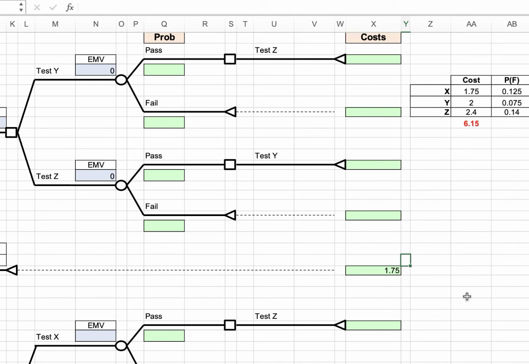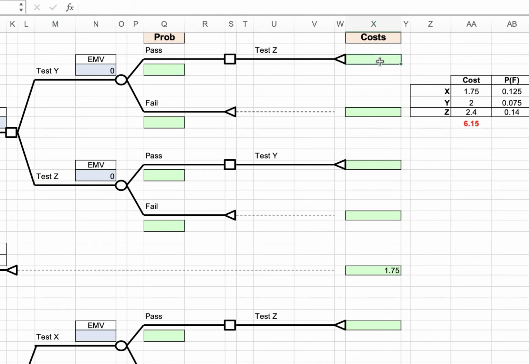And so let's fill in the rest of our decision tree. So if we start with X and pass, we can then decide to go to Y or to Z. If we pass Y, we can go on to Z. Likewise, if we pass Z, we can go on to Y. You can see that our outcome node, the triangle, makes it all the way across the decision tree.